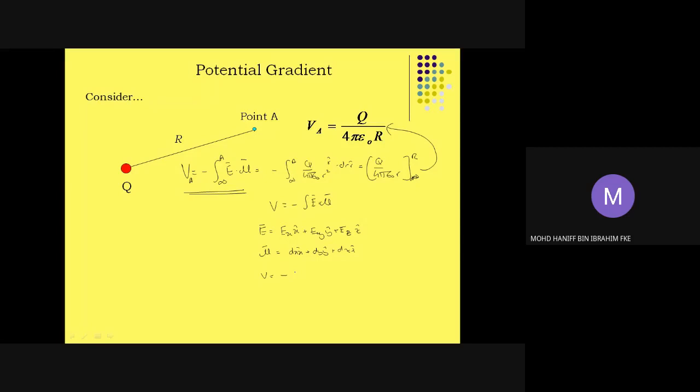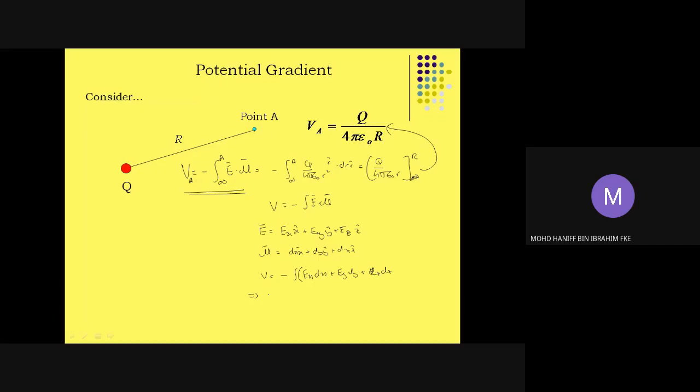integration of Ex dx plus Ey dy plus Ez dz. In other terms, we can say that V will consist of an x component, y component, and z component.